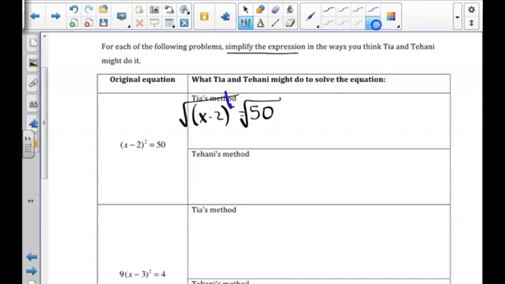So these two would cancel, and we would be left with x minus 2 equals root 50. And how we can get x by itself is we can add 2, and x would become 2 plus root 50.